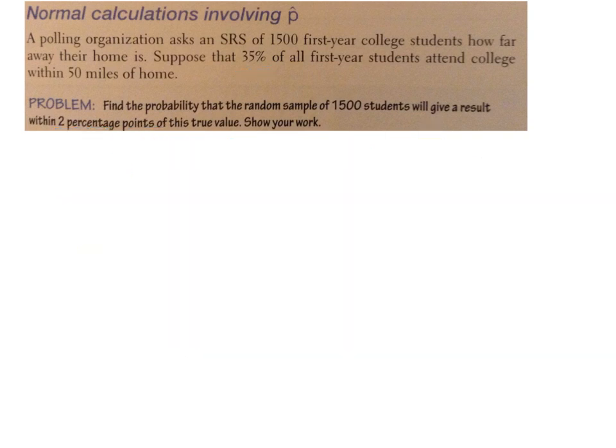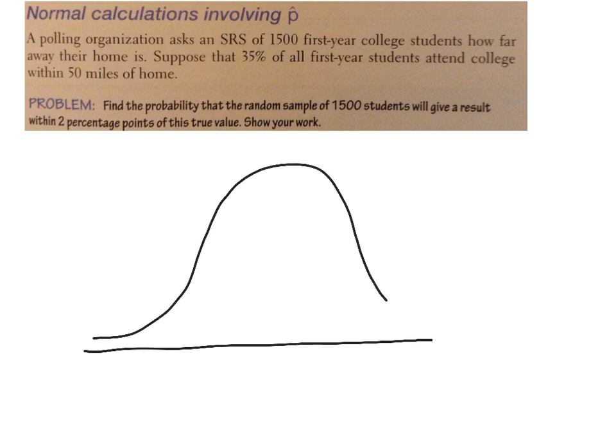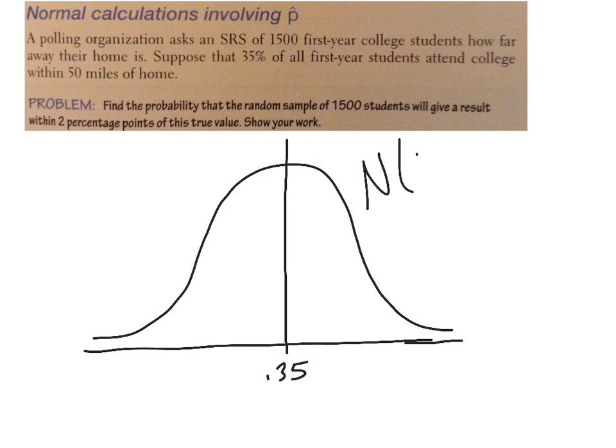If I'm going to draw this out, I'm going to draw my normal curve. I'm going to put my mean in the middle, at 0.35. I'm going to label my curve: a normal distribution with a mean of 0.35 and a standard deviation of 0.0123. So I label my curve.